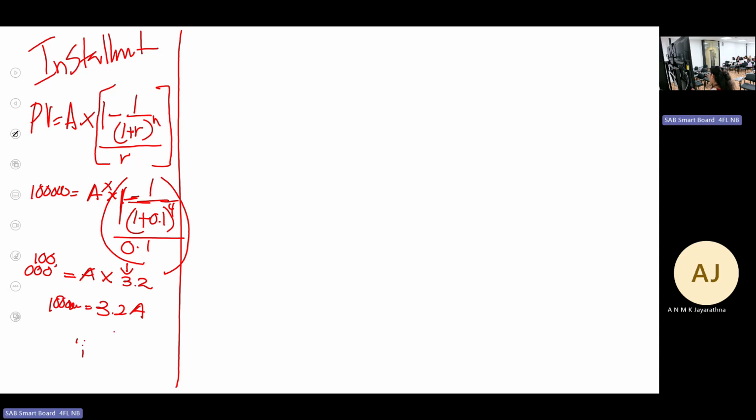Then A equals 100,000 divided by 3.2. A equals 31,250.